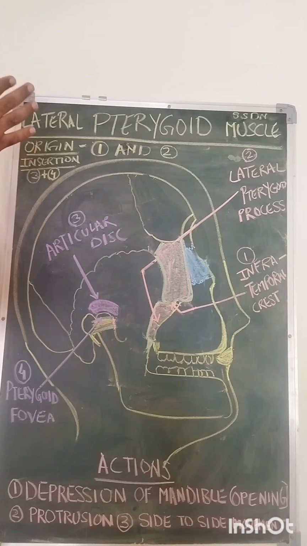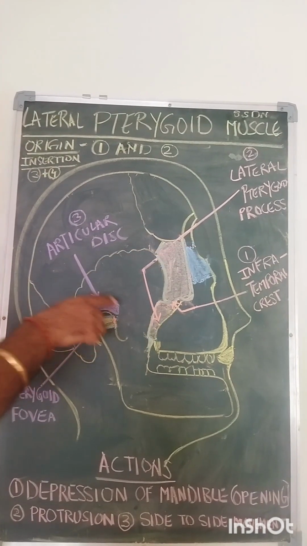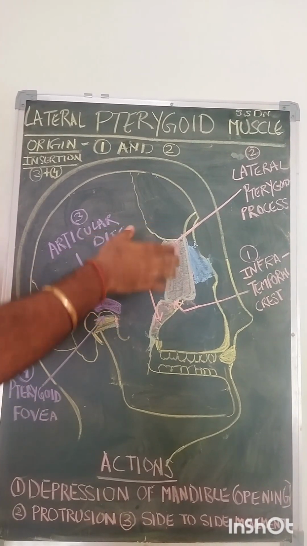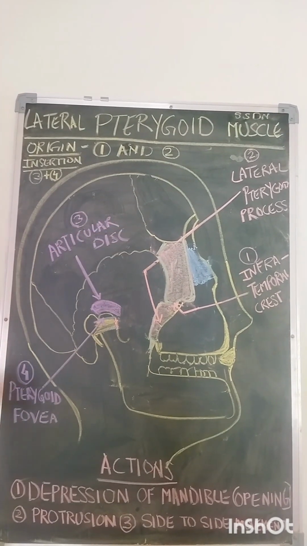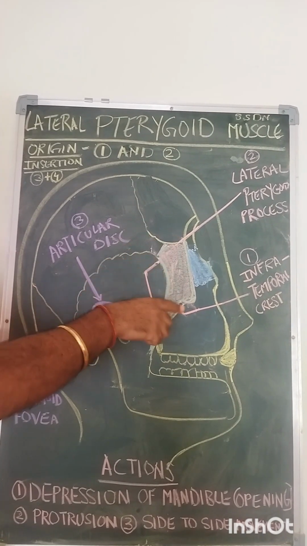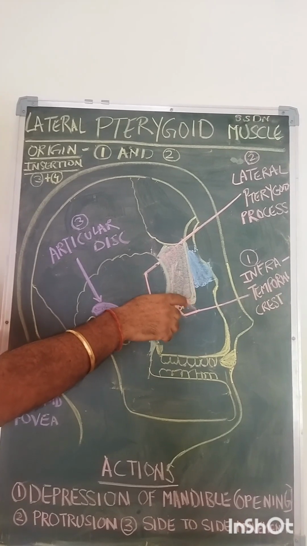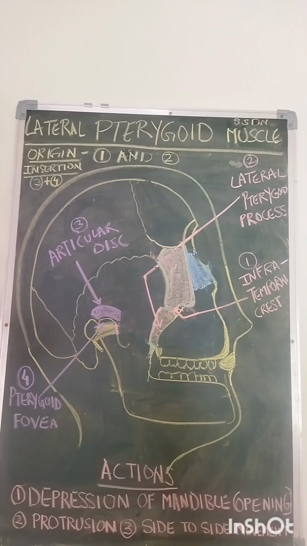Now if we look at the side of the skull or the side of the face, and if you cut the zygomatic bone, you see clearly the sphenoid bone, which is the shaded part in this diagram. We have infratemporal surface of sphenoid bone, and these elevations are known as crest, because crest means elevated part of the bone.